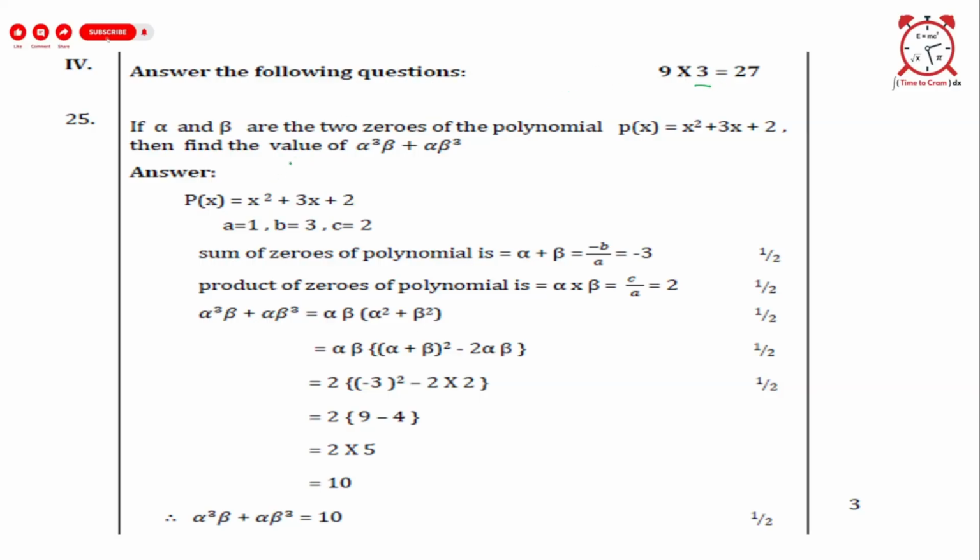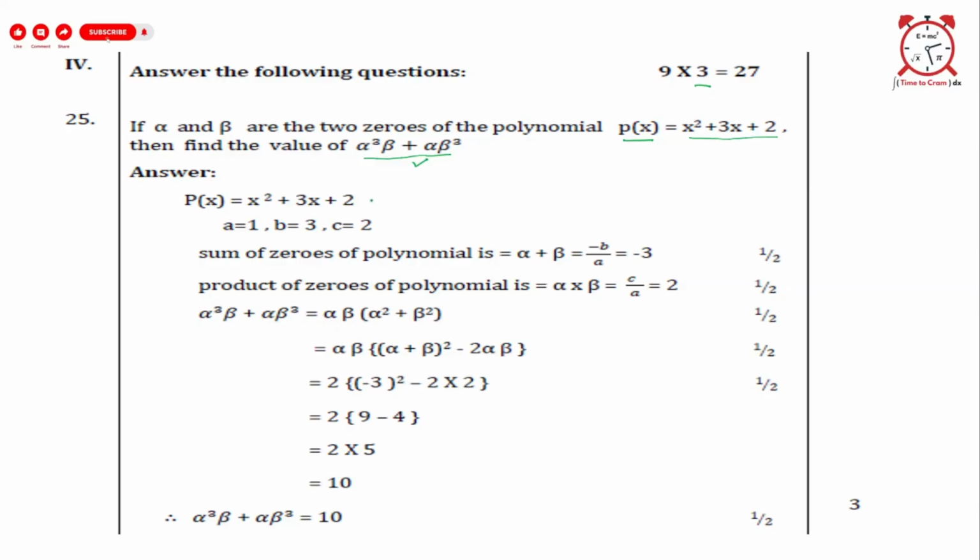First question: if alpha and beta are the two zeros of the polynomial p of x equal to x square plus 3x plus 2, then find the value of alpha square beta plus alpha cube beta plus alpha beta cube. This we have to find.